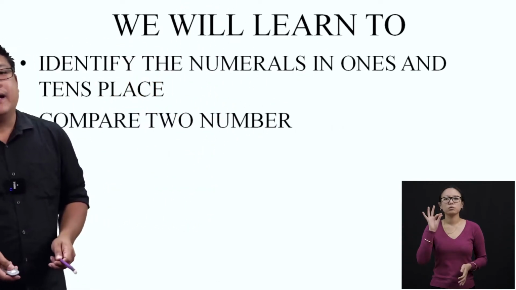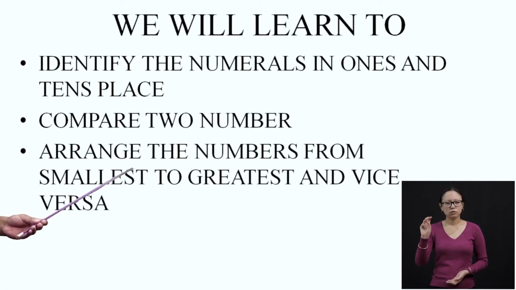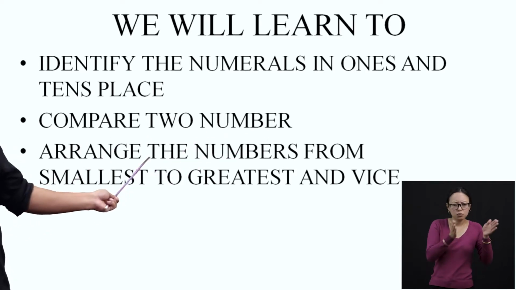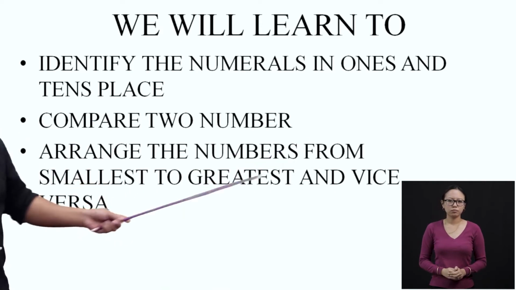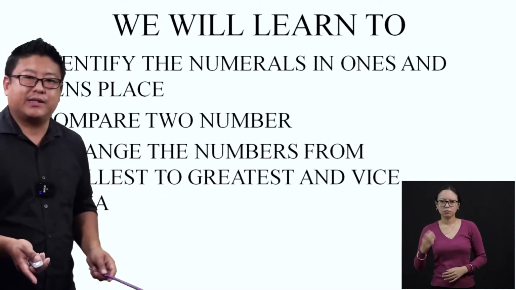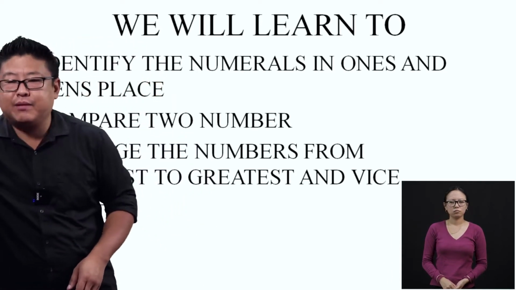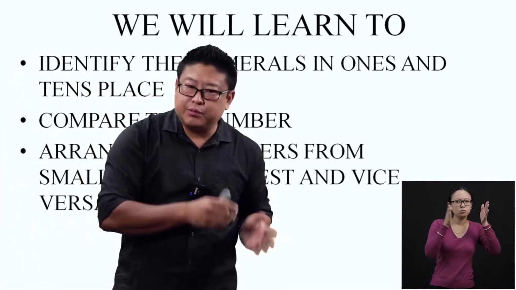All right, and the next objective that we have is to arrange the numbers from the smallest to greatest and vice versa, from greatest to smallest. All right. So we're going to learn how to arrange different numbers from smaller to greater and greater to smaller.